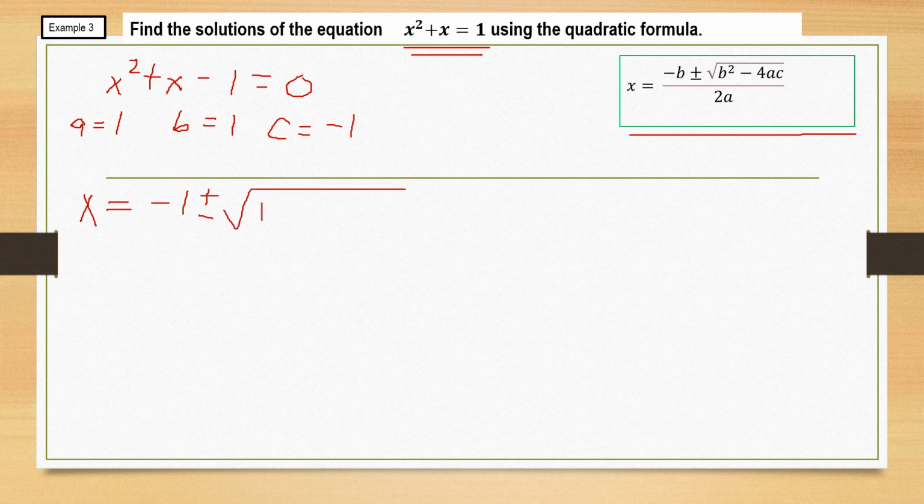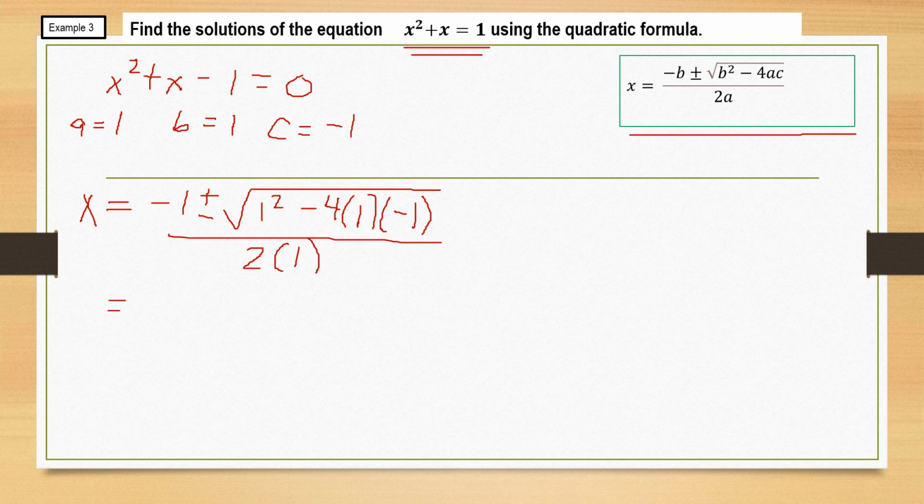So we have 1 squared minus 4 times the value of a, which is 1, times the value of c, which is negative 1, all over 2 times a. A is equal to 1.